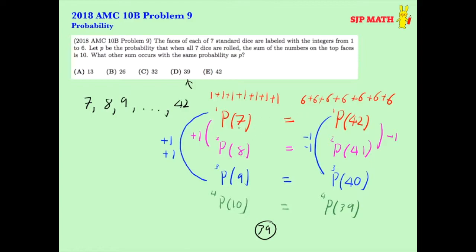We found that the nth smallest possible sum has the same probability as the nth largest possible sum. We use this to easily find the sum that has the same probability as the sum of 10.